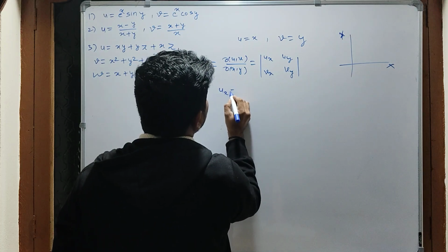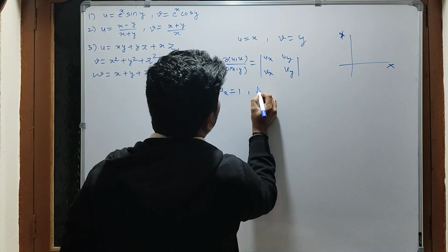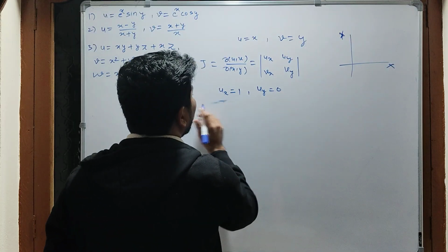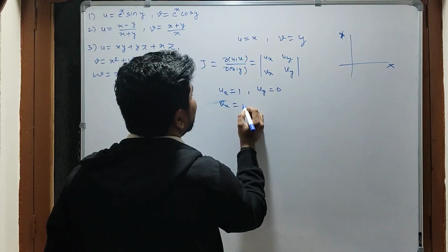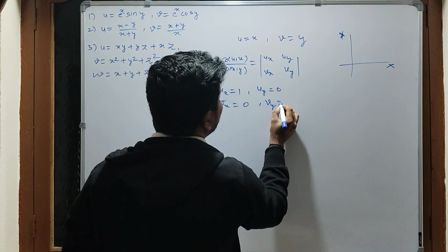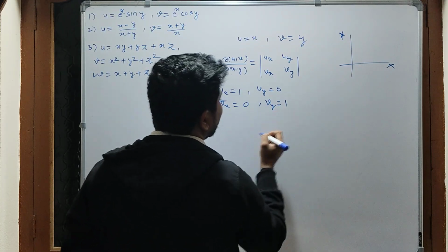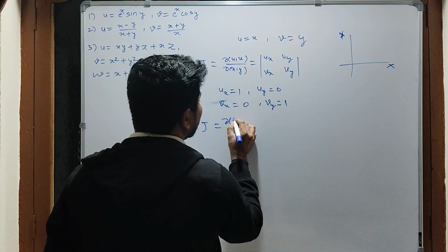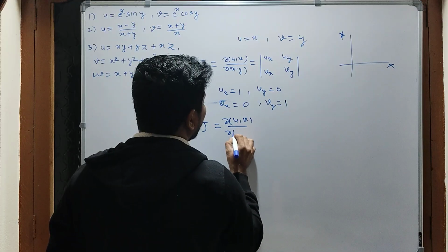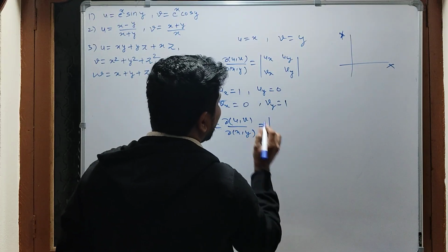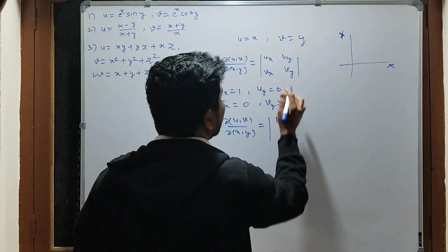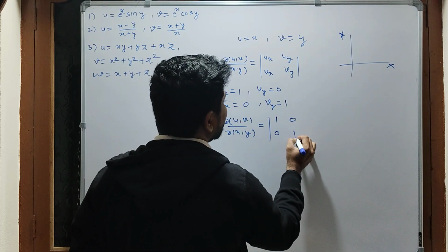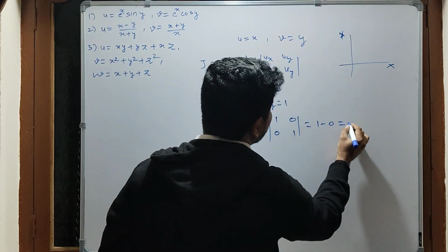It is 1. The partial derivative of u with respect to y is 0, the partial derivative of v with respect to x is 0, and the partial derivative of v with respect to y is 1. Therefore the Jacobian is 1 minus 0, which is equal to 1.